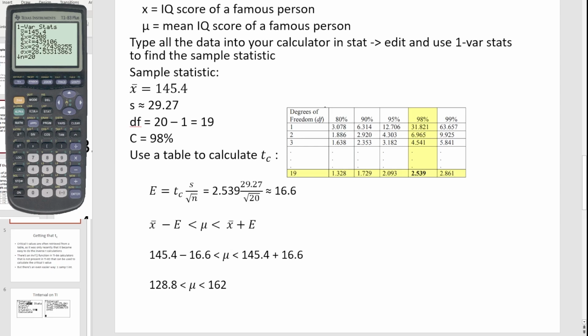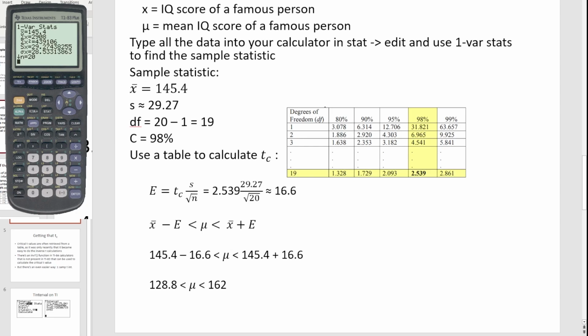Our degrees of freedom are n minus 1. Our sample size is 20, so 20 minus 1 is 19. And typically we find these t values from a table. Nowadays it's actually possible to use technology to find these as well.